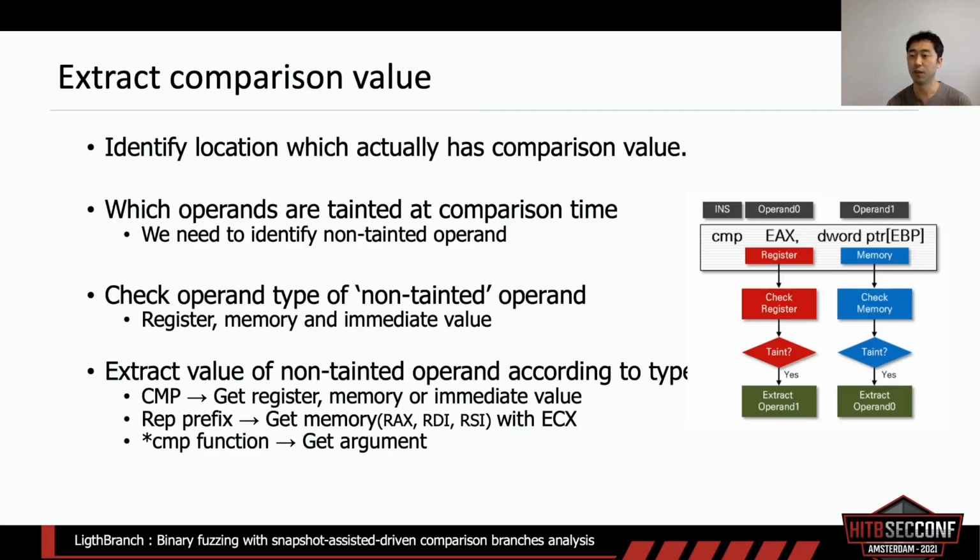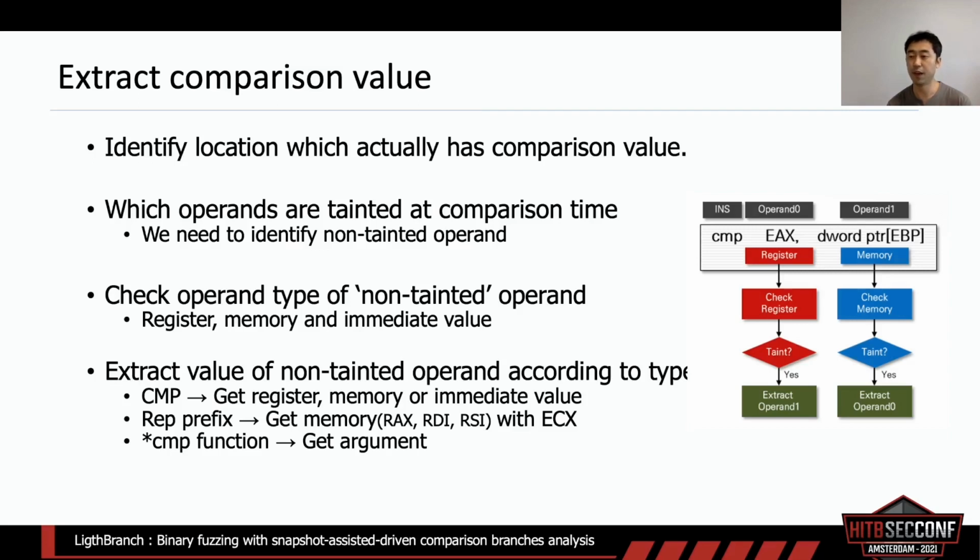Next, we check which operands are tainted. With this knowledge, we can identify the non-tainted operand, which has the comparison value. And also, we need to check the operand type. Types are basically register, memory, and immediate value. After identifying the type, we extract the value of the non-tainted operand according to type.